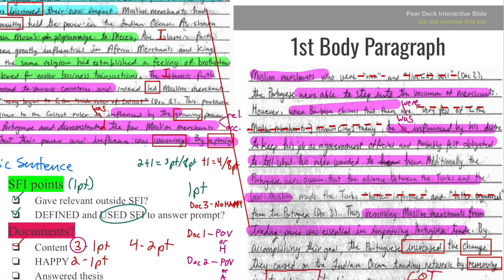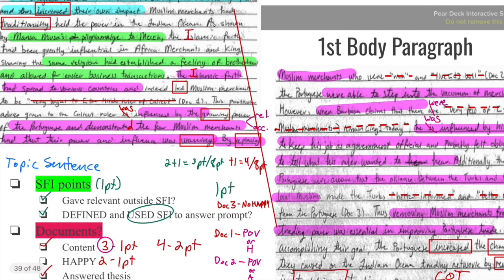So we have gotten 4 out of 8 points. In the intro, they did context and thesis. And in this first body paragraph on change due to the removal of Muslim merchants, they've got 1 content point from using documents 1, 2, and 3, and they're building towards the HIP point, but they haven't earned the HIP point quite yet.